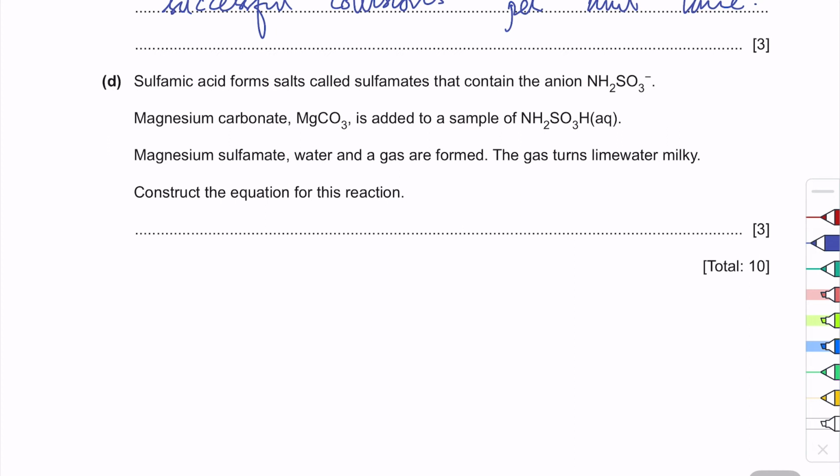Sulfamic acid forms salts called sulfamates that contain the anion this. Magnesium carbonate is added to sample of this. Magnesium sulfamate, water and gas are formed. ठीक है, the gas turns lime water milky, that is telling me it is carbon dioxide. Construct the equation. So सही है, magnesium carbonate is added to this whole salt.